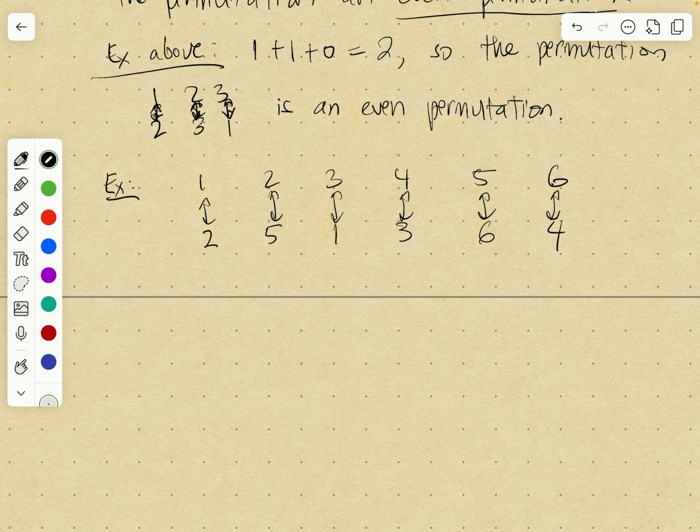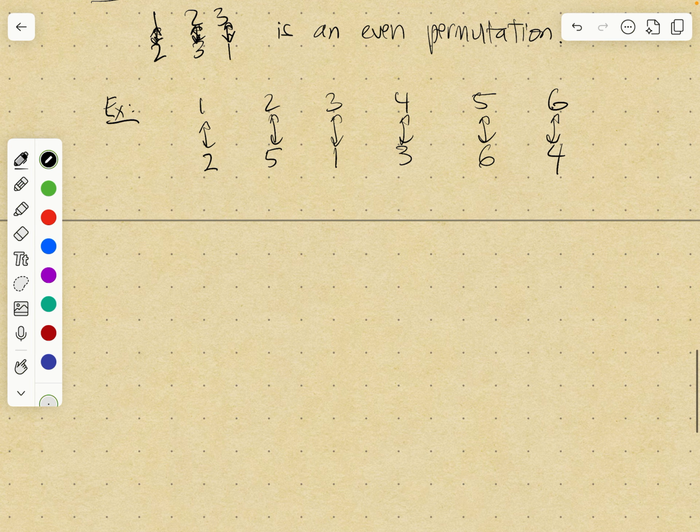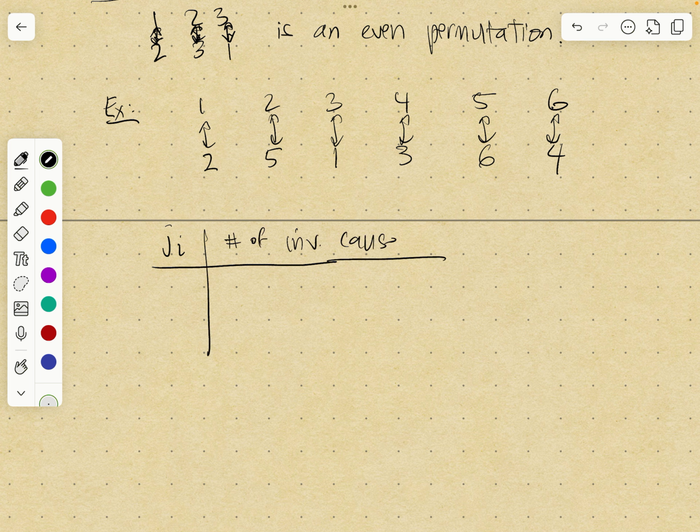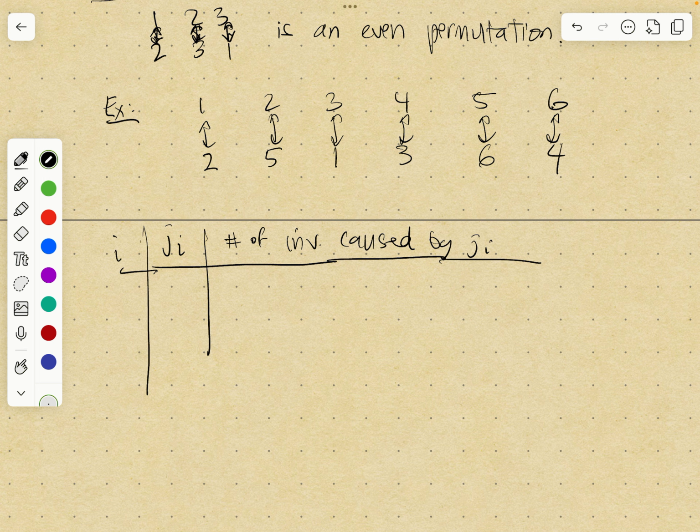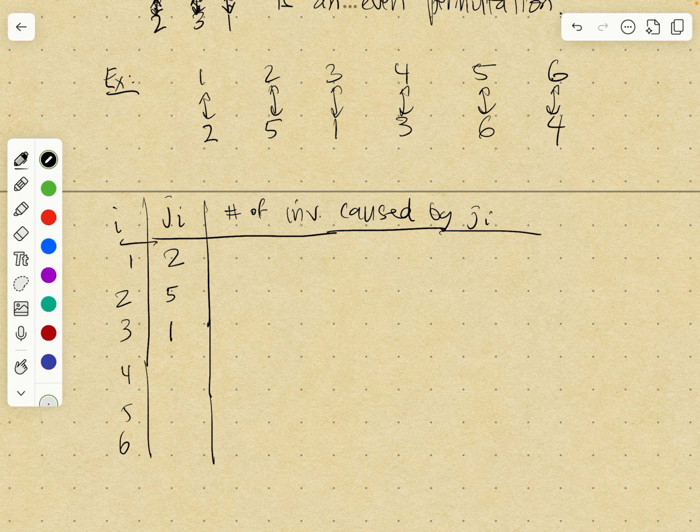Well, let's just make a table of the j sub i and then the number of inversions caused by j sub i. So we could even just have a column for i. So j sub 1 is 2, j sub 2 is 5, j sub 3 is 1, and then 3, 6, 4.